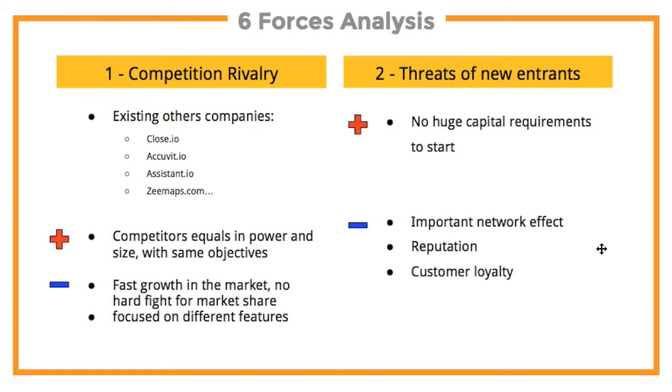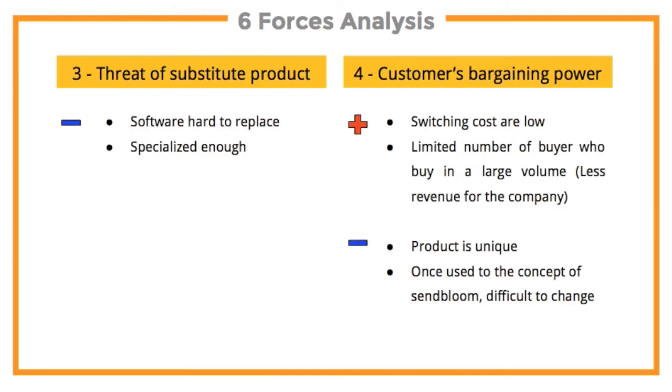For example, a company which wants to find new customers will find Sendbloom more easily if it has a good reputation. So that can discourage new entrants because of the reputation. That was for the threat of new entrants.